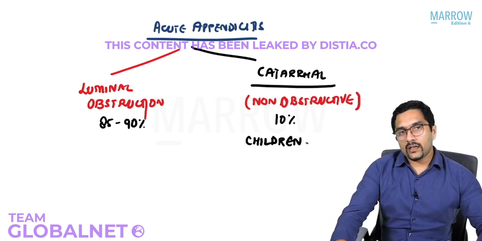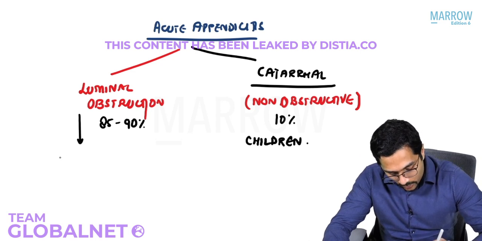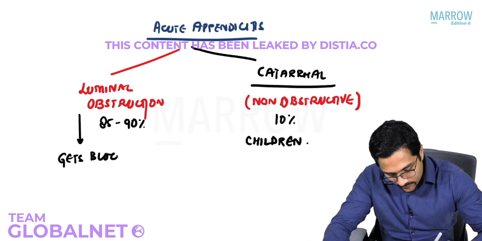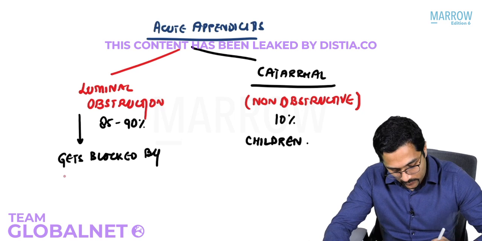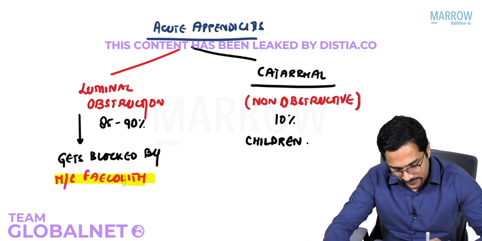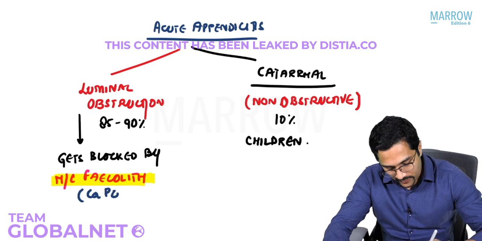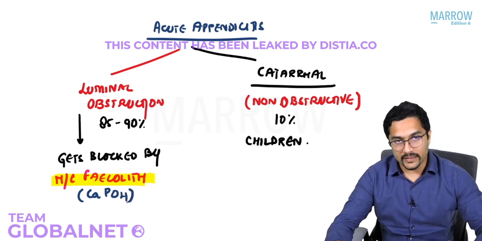Now, in obstructive appendicitis, what usually happens is that the lumen gets blocked, most commonly by a fecalith. So most commonly it is a fecalith which blocks the lumen of the appendix, right? And this fecalith is comprised of calcium phosphate, most commonly.